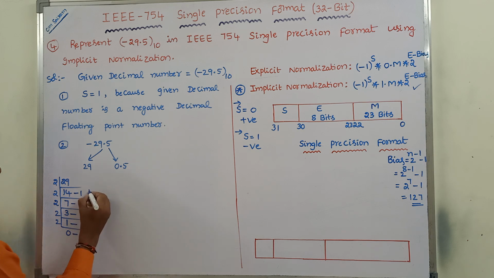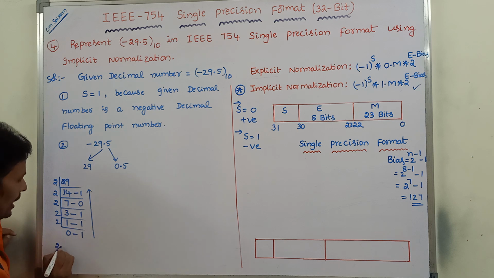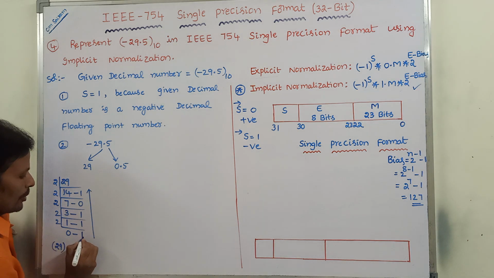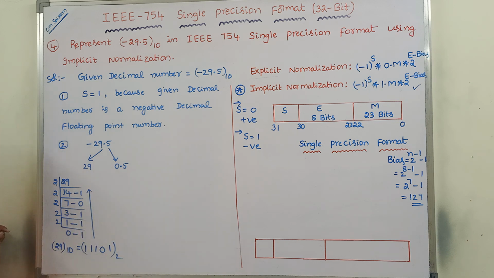Now you have to write the remainders from bottom to top. Only the remainders. So 29 base 10 in binary form is 11101 base 2. This is the binary equivalent of 29.